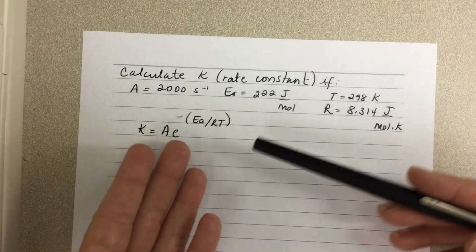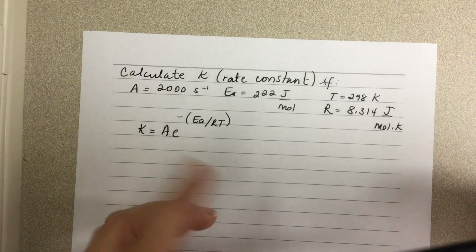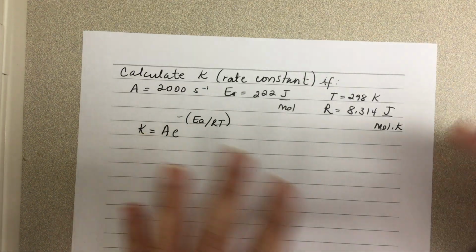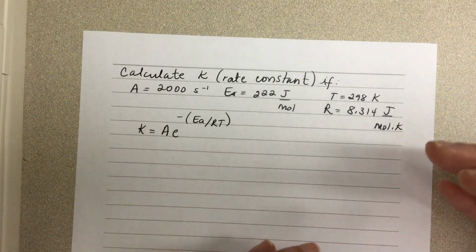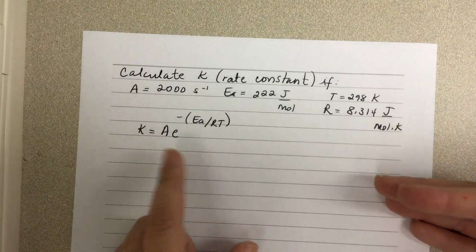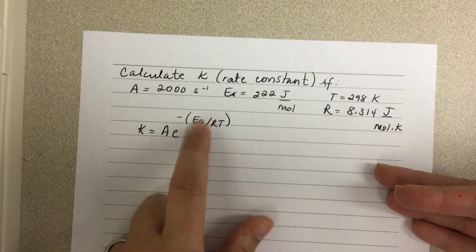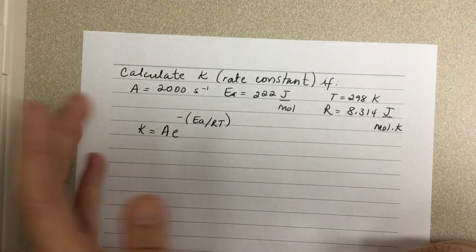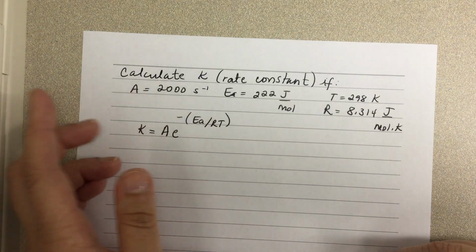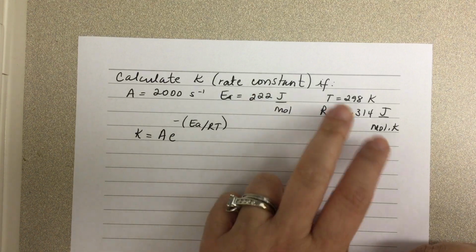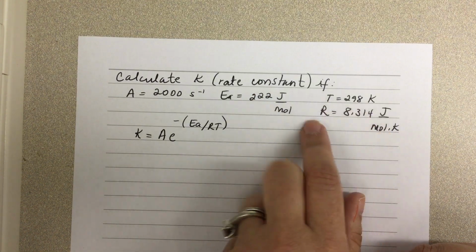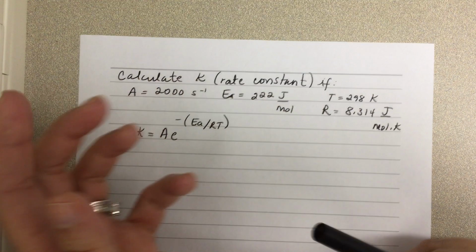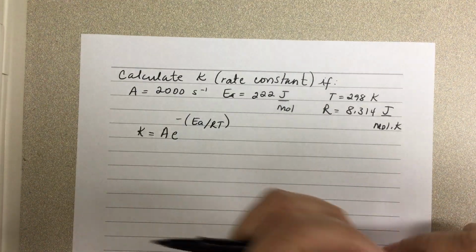You just need to plug in the numbers in the equation. The part that is a little bit complicated and that might result in you getting a different answer is how you plug that in your calculator. Okay? So I have here my frequency factor at 2000, activation energy, the temperature is 298, and you have your value for the gas constant.